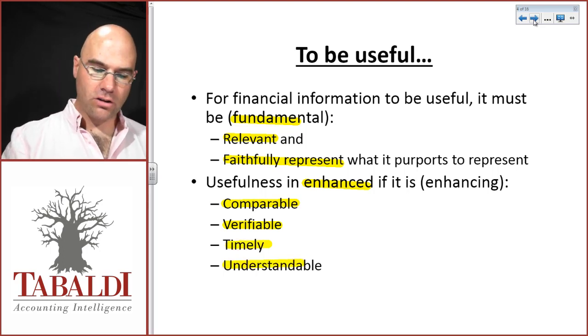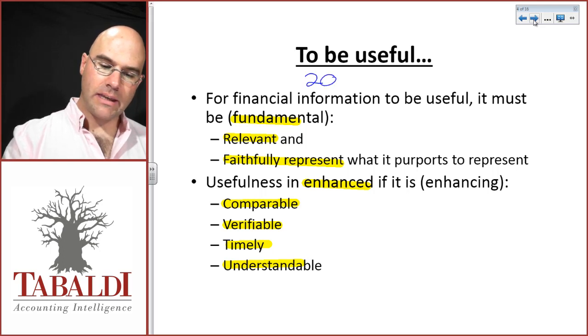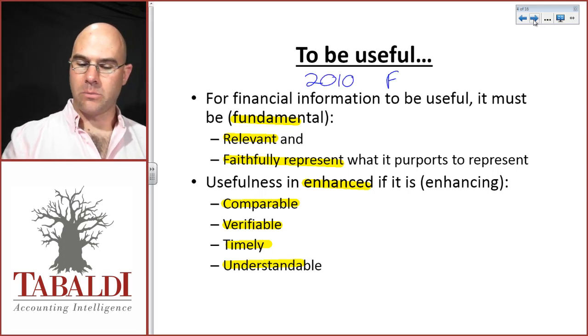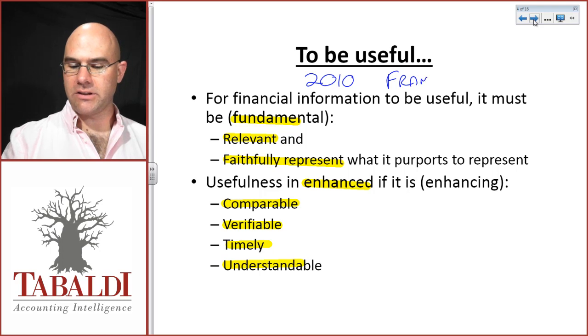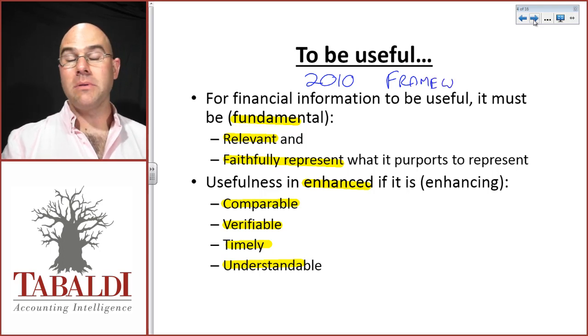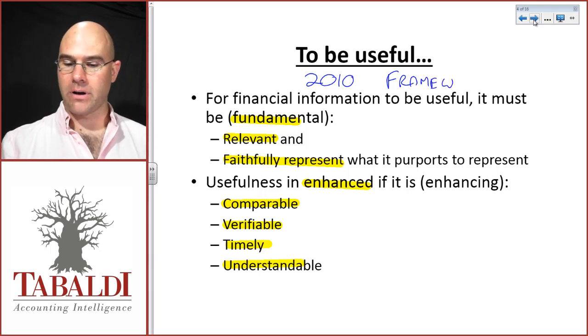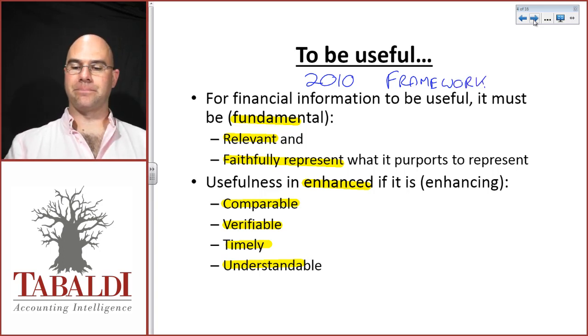Remember, all of this is based on the new 2010 framework. So if this differs a little bit to what you've seen before, it's probably because you looked at the 1989 framework and its qualitative characteristics.